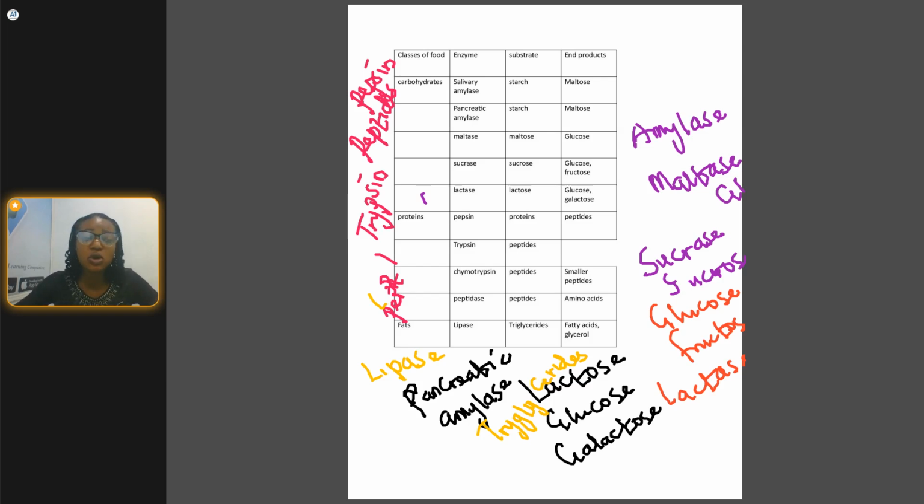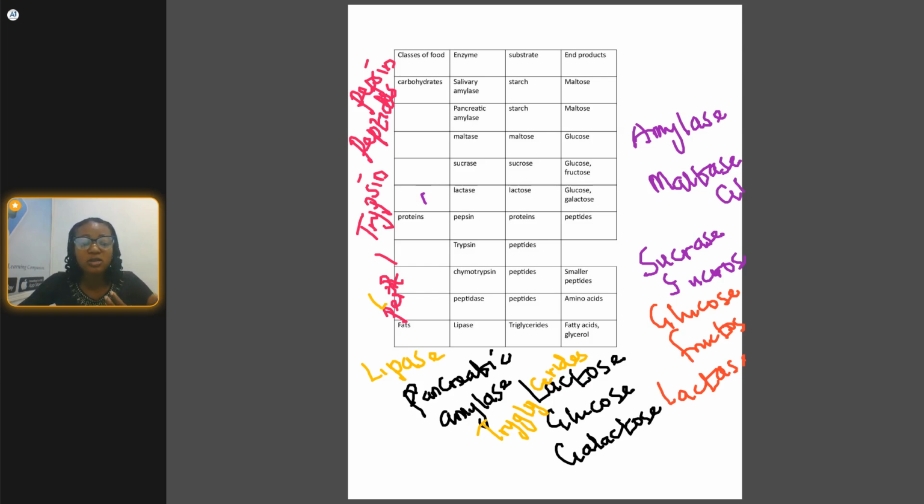Food does not pass through them directly, unlike the other organs that belong to the alimentary canal, like the mouth, the esophagus, the stomach, the small intestine, and the large intestine. Food passes through all those organs, but for accessory organs, food does not pass through them.